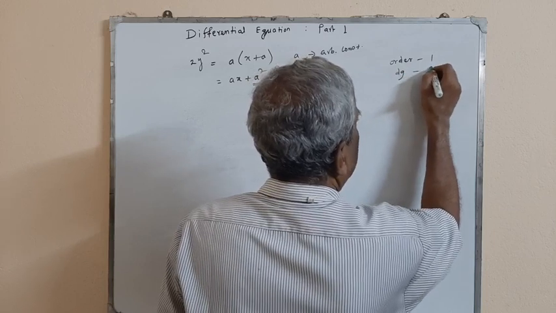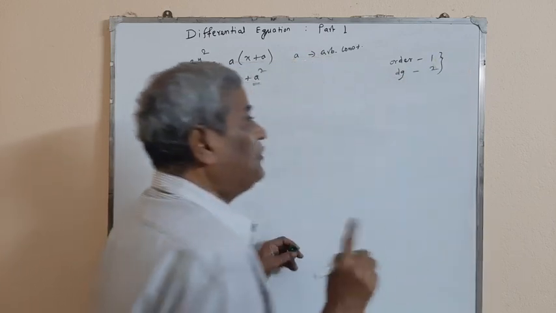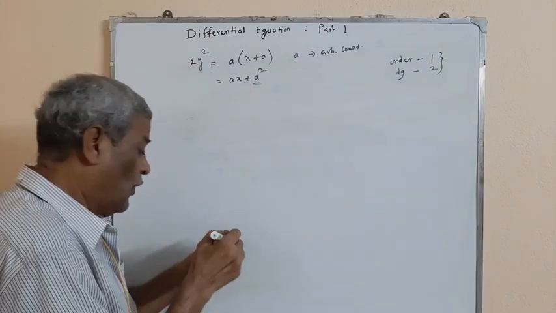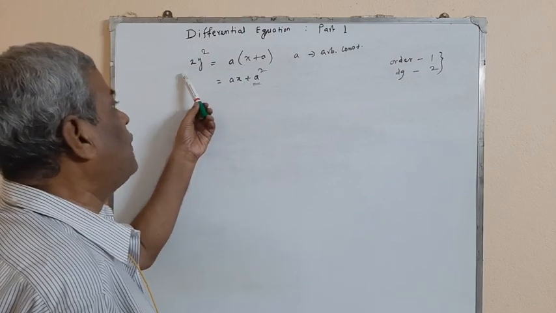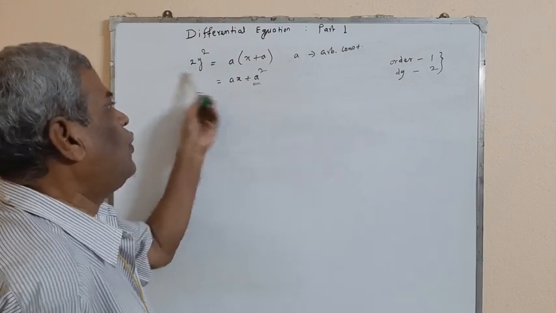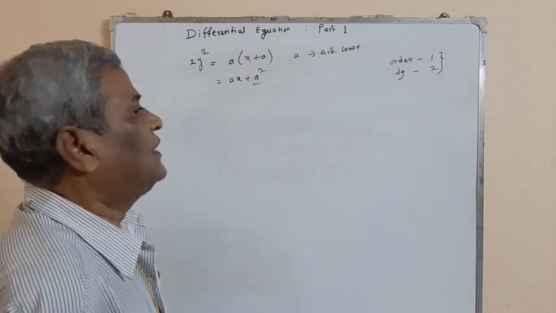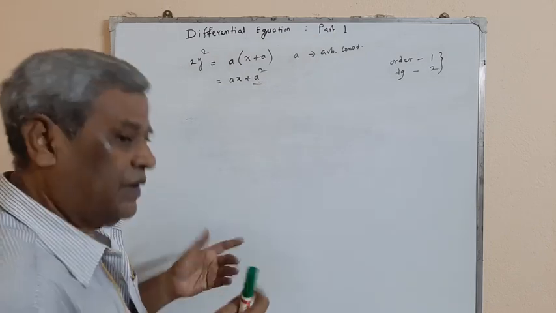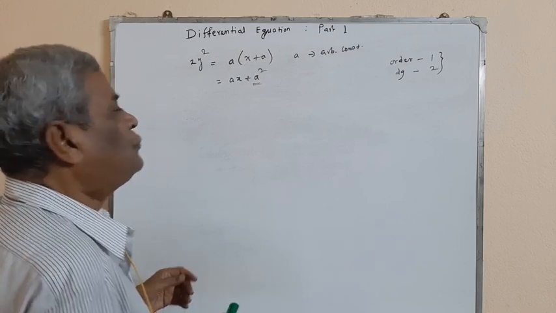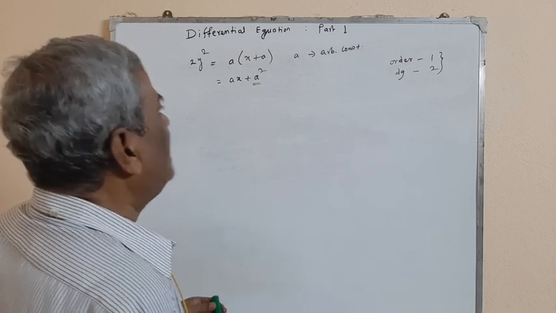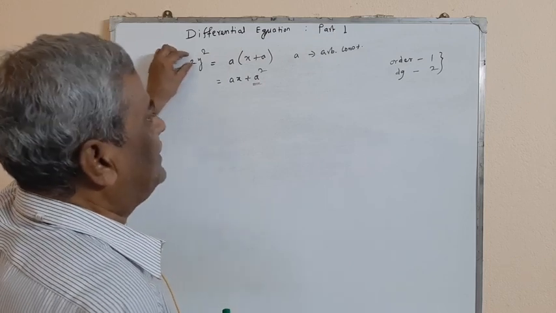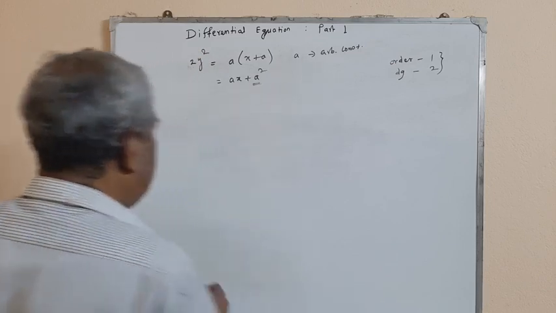So this is the answer, if only the order and degree of the differential equation corresponding to that relation is asked. And now here the problem is to find the differential equation corresponding to that. A is an arbitrary constant.